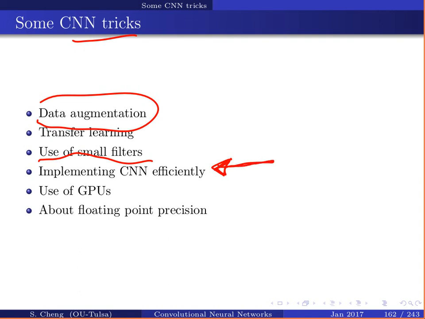GPUs are getting more and more popular, and besides that, there's also the tensor processing unit by Google that claims to be even better for training neural networks. So we may talk about that at a later time.